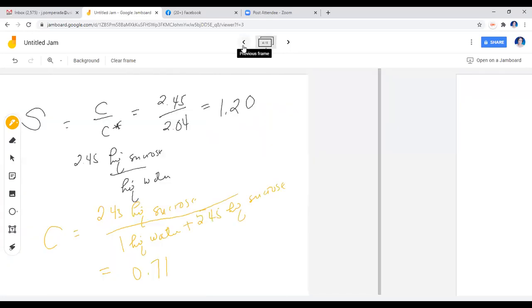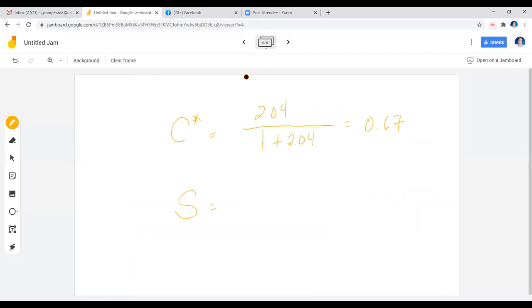What would that be? 0.71 divided by 0.67. That would be 1.05. So this is your degree of supersaturation based on the unit kilogram sucrose per kilogram of solution.